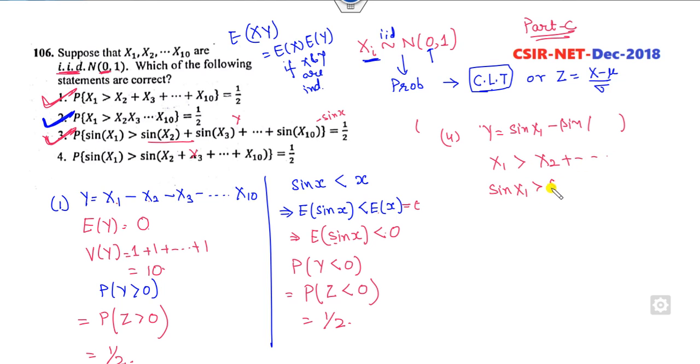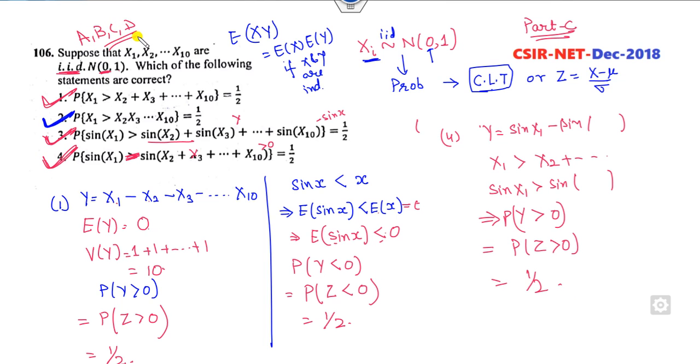Sine of x is greater than this because it's an increasing function. If I consider this as y, y is greater than 0. Whenever y is greater than 0, the mean is also here, so we can write this as 0. So that's again half. So all are correct answers of this problem. So A, B, C, D are the correct answers.